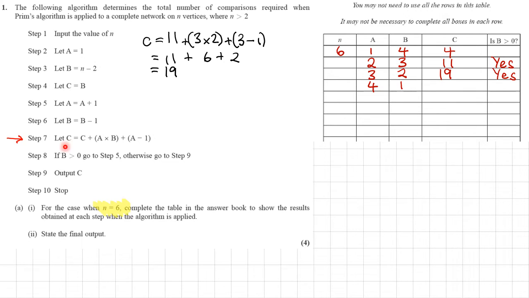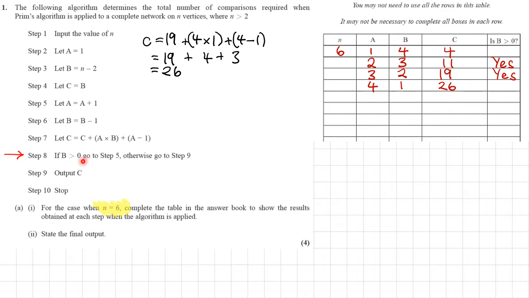Step 7, we do the calculation to calculate the new value for c. So now c is going to be 19, a is now 4, so we'll have 4 here and 4 here, and b is 1. So c is now 26.